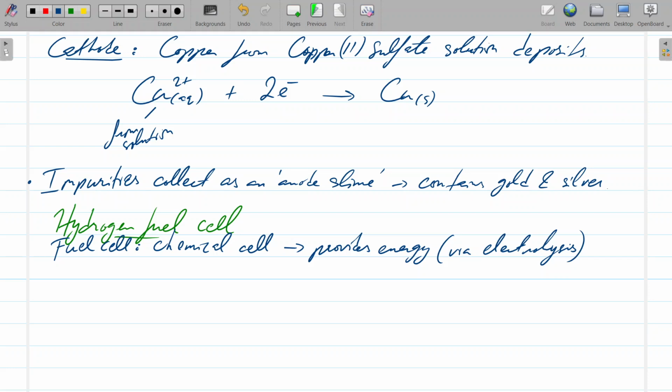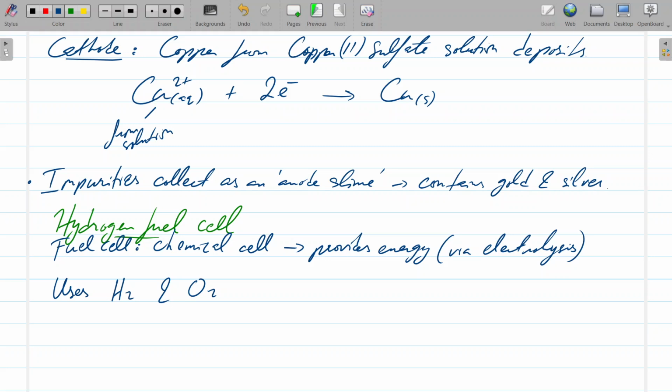Now what happens in a hydrogen fuel cell? What you're using is basically hydrogen gas and oxygen gas. So a hydrogen fuel cell uses hydrogen and oxygen gases, and electrolysis occurs, and the only output that you're getting, with normal fuel, when you're using fossil fuels, you get carbon emissions and other gases which are pollutants and harmful for the health and the environment.